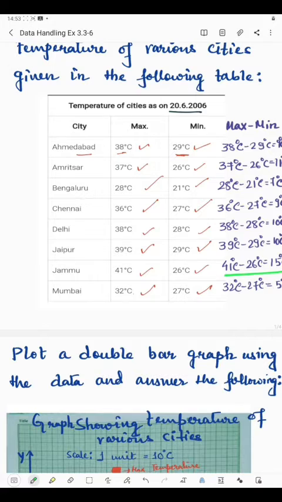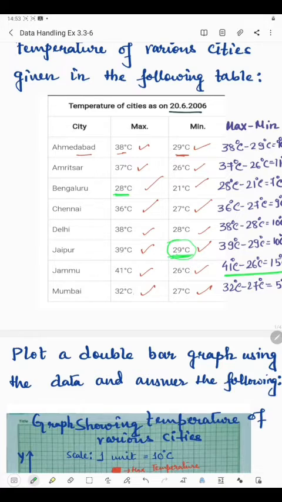We will have to give the name of the two cities where maximum temperature is less than the minimum temperature. Okay, so here if you see the temperature of Bangalore, 28 degrees Celsius is the maximum temperature of Bangalore. So if you compare this with Jaipur, we can see that the maximum temperature in Bangalore is 1 degree less than the minimum temperature of Jaipur.